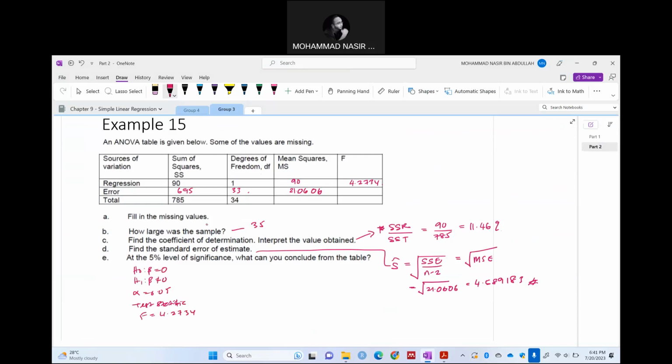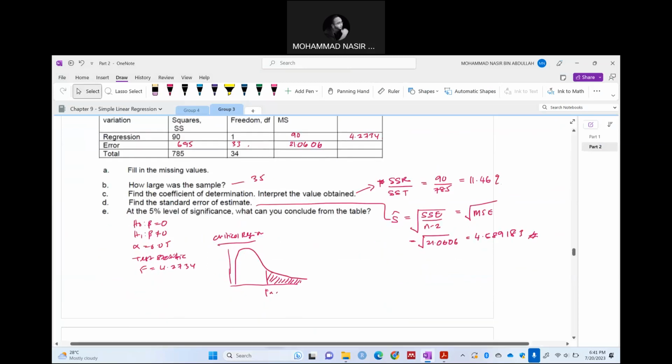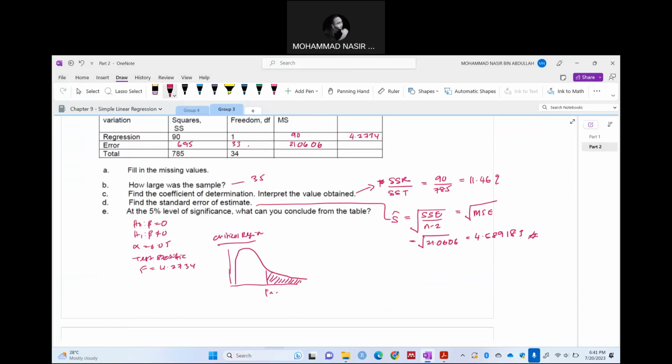And then the critical value F 0.05, 1 and 33 is equal to 4.08.